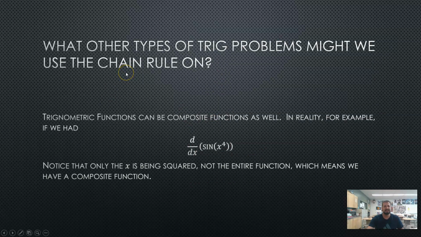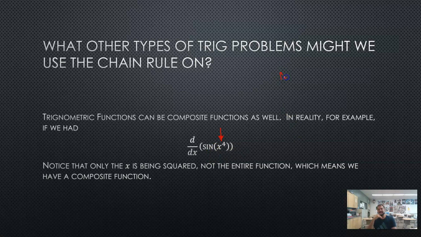Now, where this gets a little bit more complicated is when we have a composite function where the sine or cosine or tangent is the outside function. So you'll notice here, I've got the sine of x to the fourth. Notice that the x is the only thing that is being raised to the fourth power. So what we really have here is a composite function.